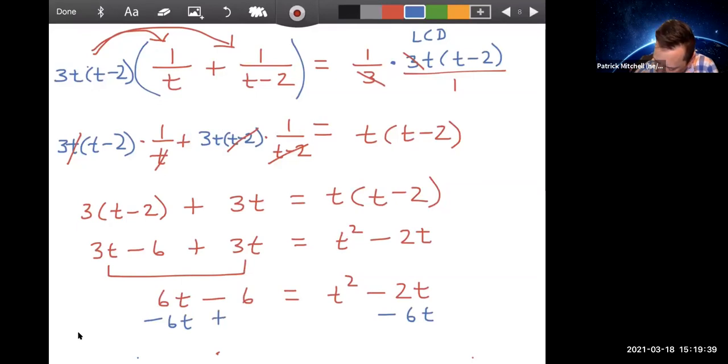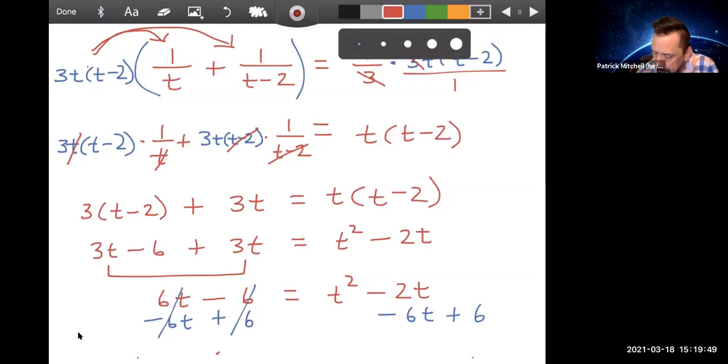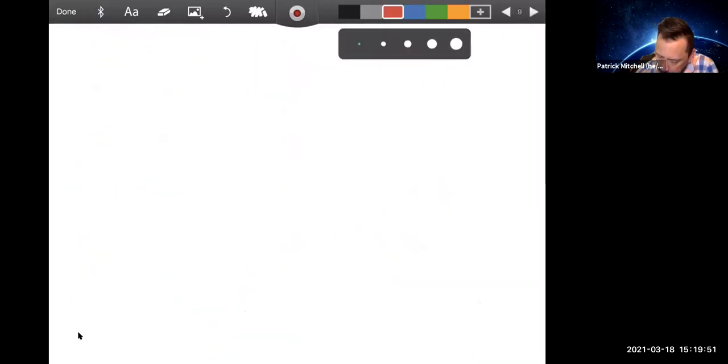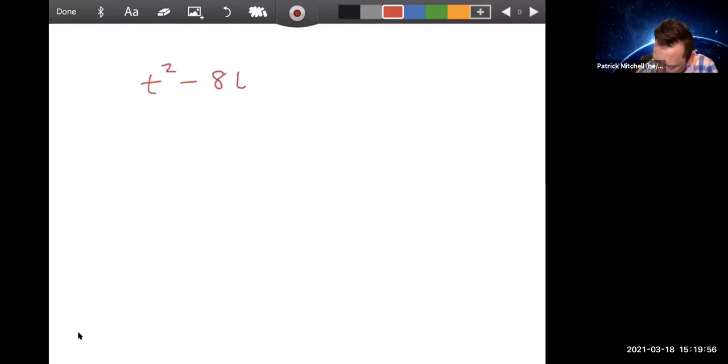And then I'm going to add 6 to both sides. All right, so that is going to give me t squared minus 8t plus 6 equals 0. All right, which is a quadratic equation.